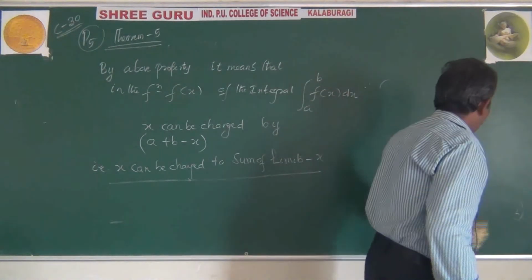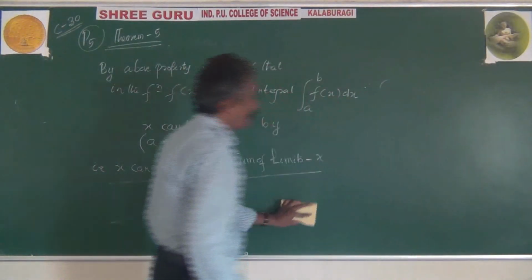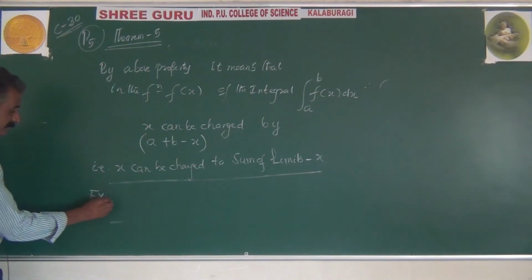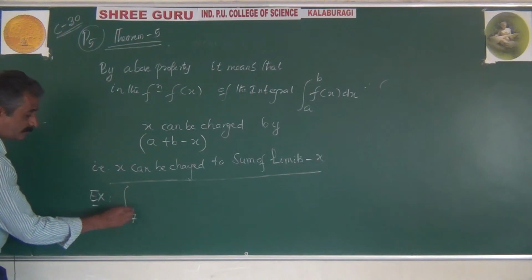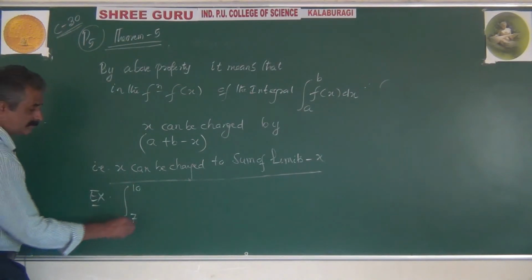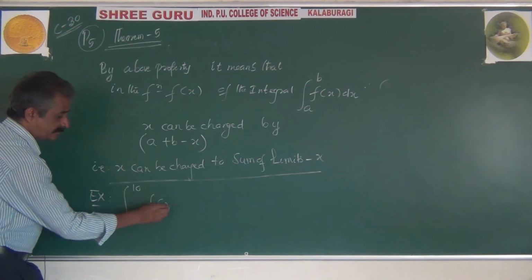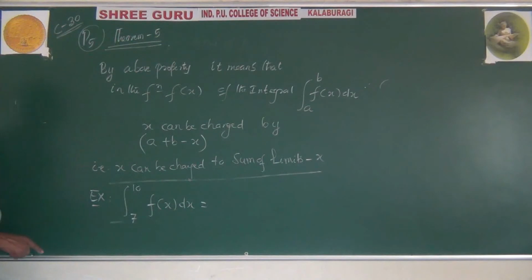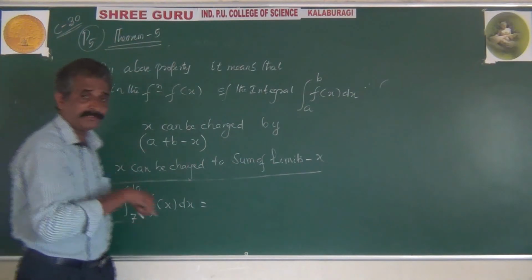For example, integration 7 to 10 f of x dx equals, by this property we can change x to 7 plus 10 minus x.